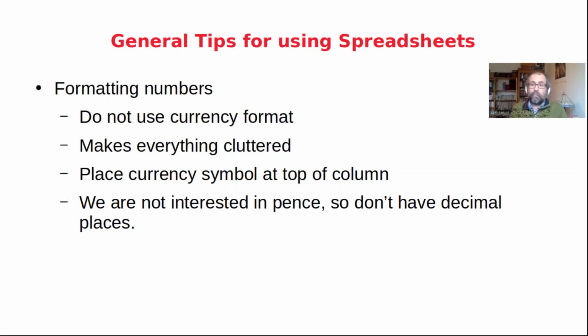If you are working in more than one currency, then it does make sense to put the currency symbol at the top of the column so you know what currency you're working in in this column. And if you've got a combination of different types of numbers in a sheet, then it does make sense to say, okay, this is currency, this is pound sterling, so we're going to have a pound sign. These are percentages.